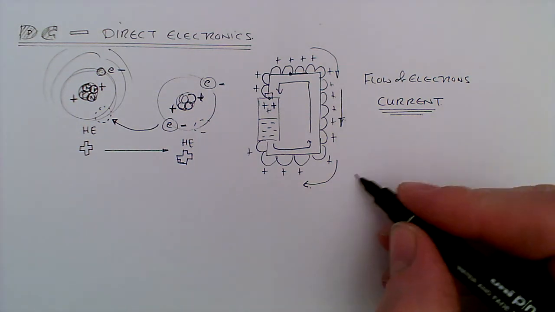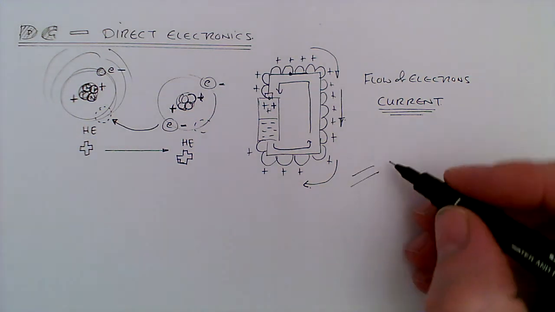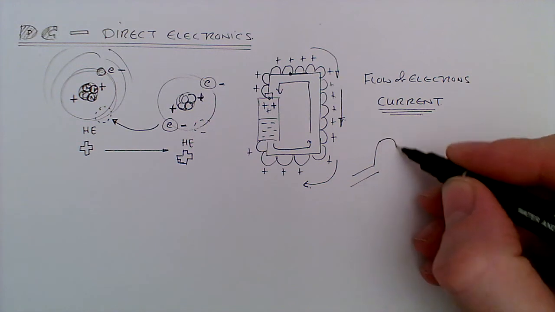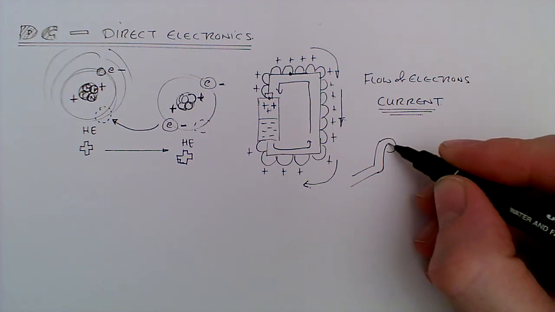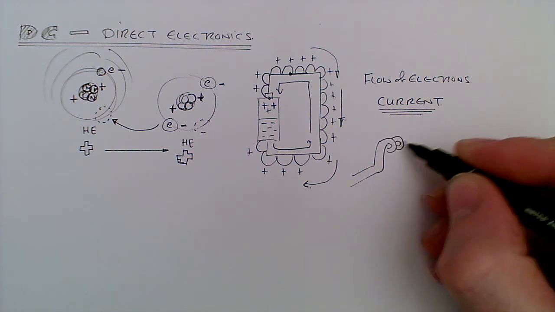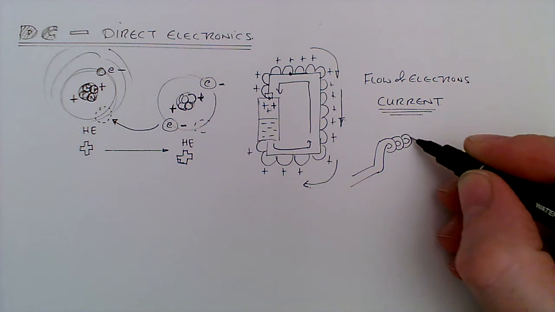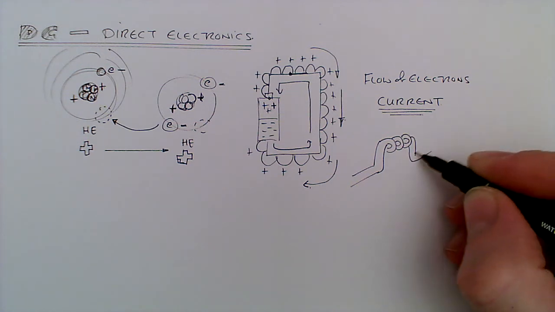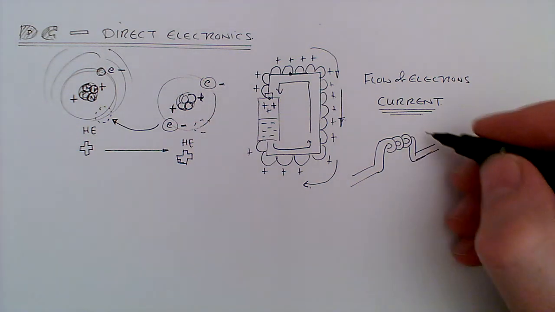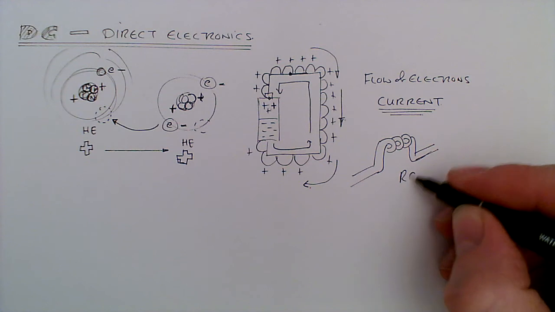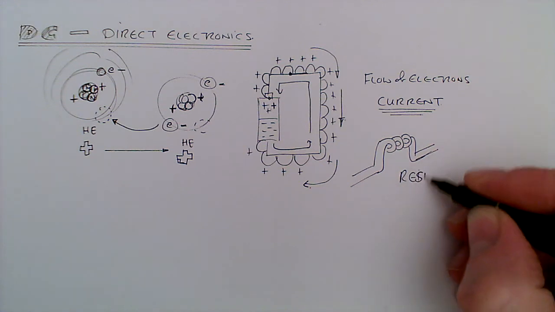Now, when the electrons flow through the circuit, they're likely to encounter, as they go round, different types of material which have, and the second important term, resistance.